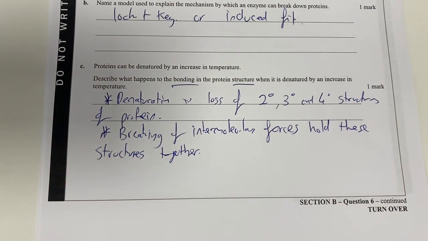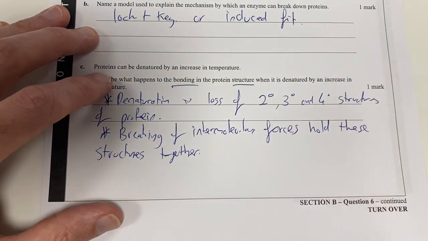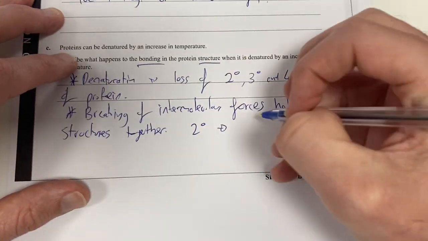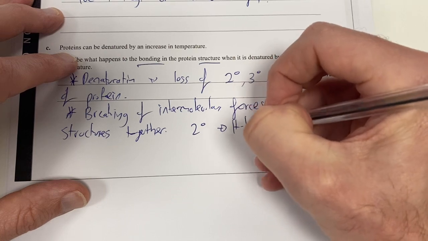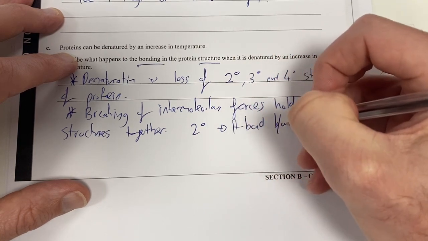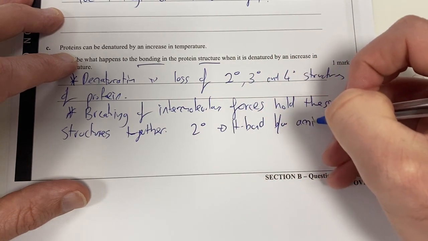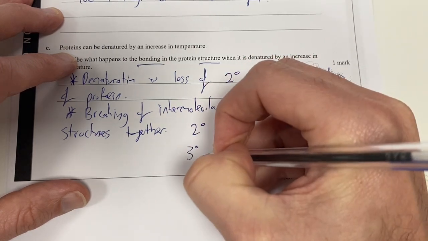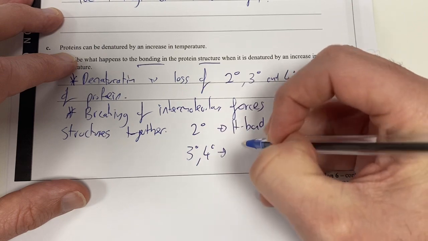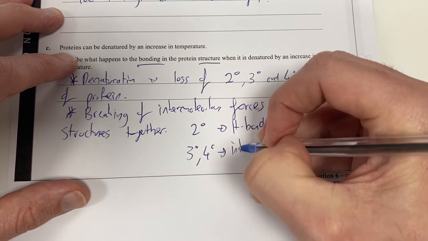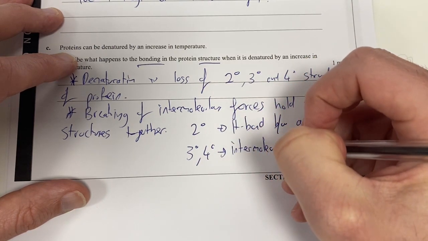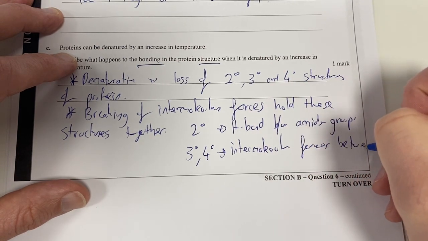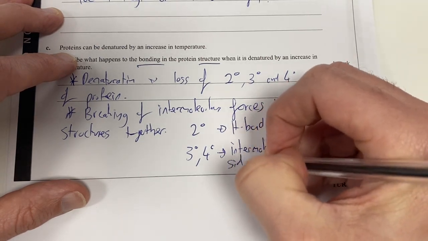But what I could do, if I had to elaborate on this a bit more, is say the secondary structure is to do with hydrogen bonds between amide groups. I'll then talk about the tertiary or quaternary structure being to do with intermolecular forces between side chains.